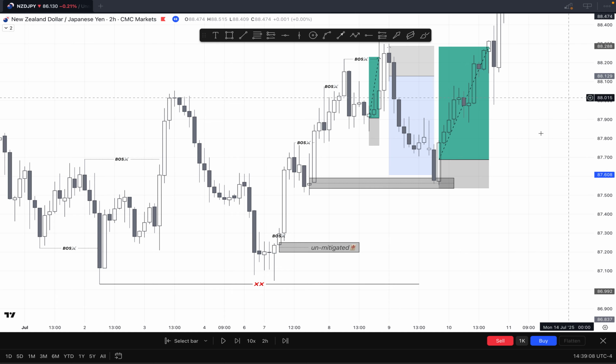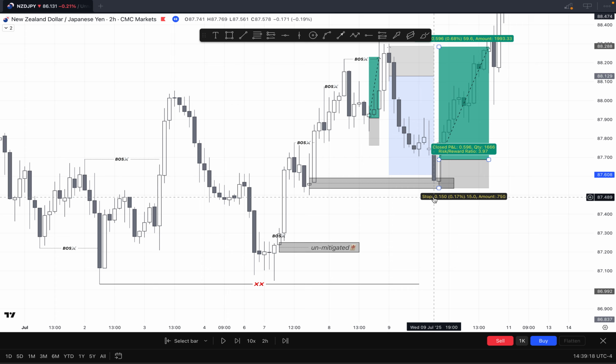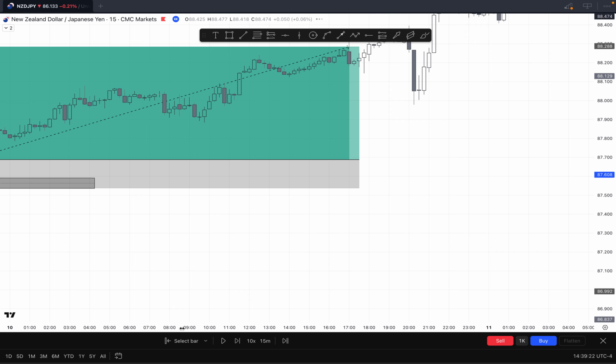Then boom, it went off. So I couldn't get this move off the 2 hour. Okay, fine. Let's see how I got it. And I knew that it was gonna clear the high. I got it off the 15 minute.